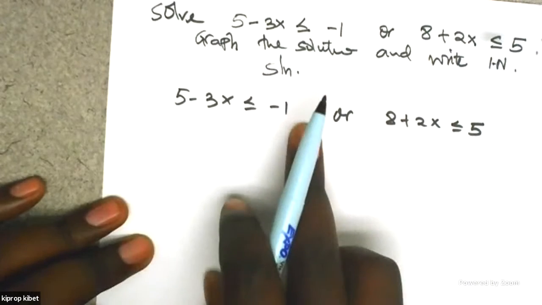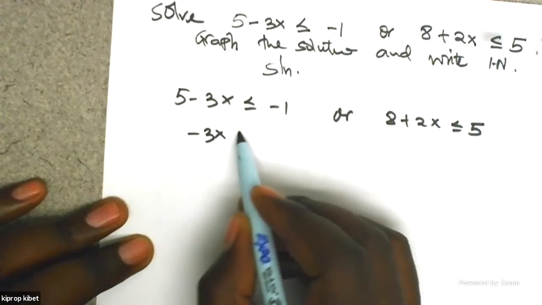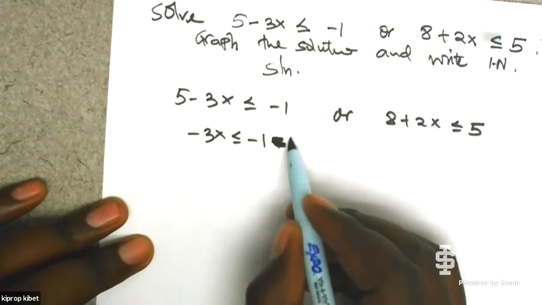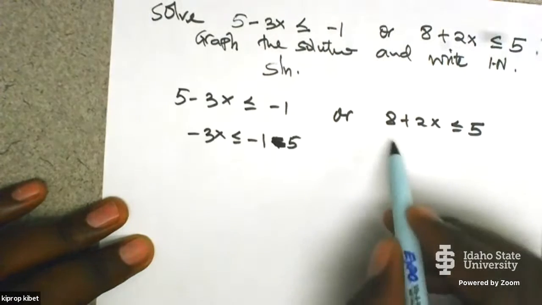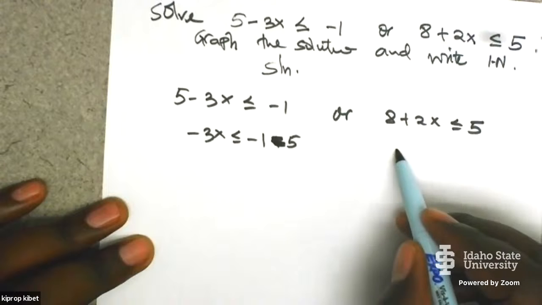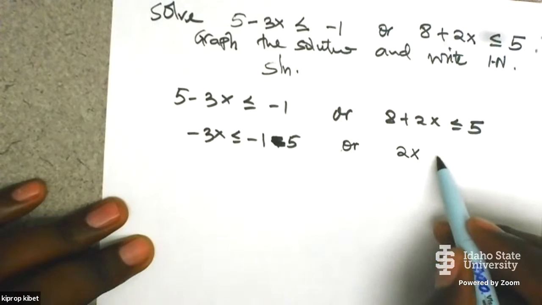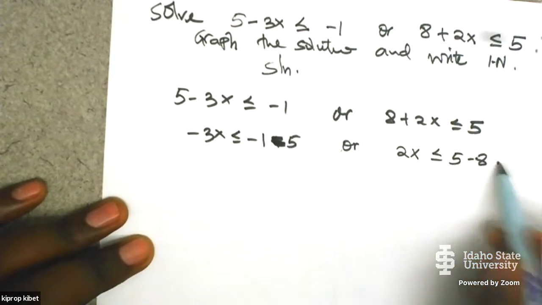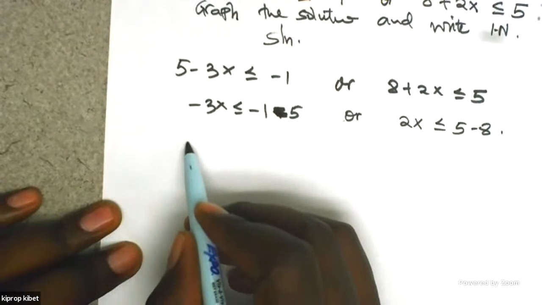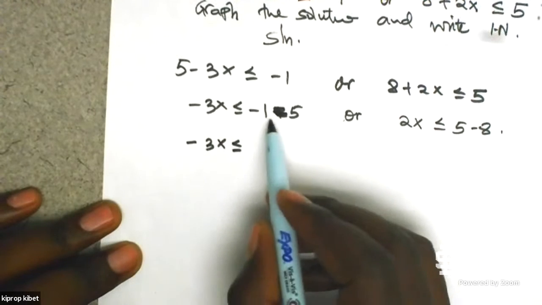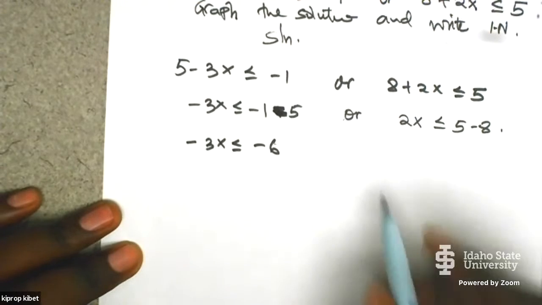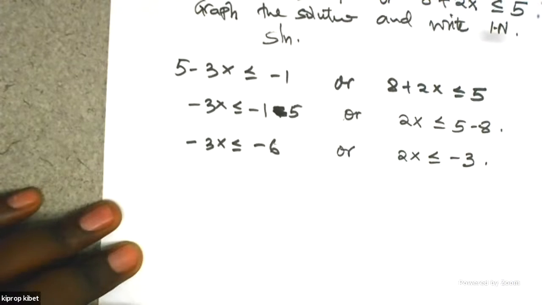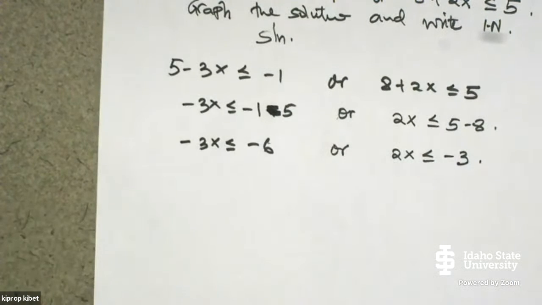We take 5 to the other side, so -3x less or equal to -1 minus 5, sorry, -1 minus 5. Or we take 8 to the other side, so 2x less or equal to 5 minus 8. So we get -3x less or equal to -6, or 2x less or equal to -3.